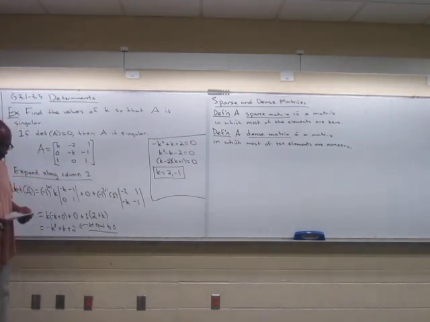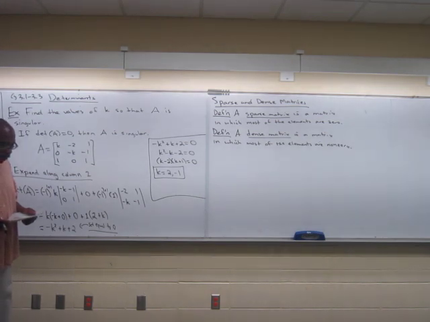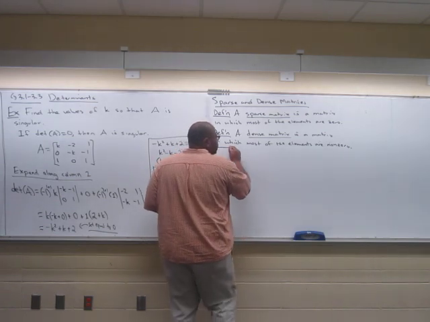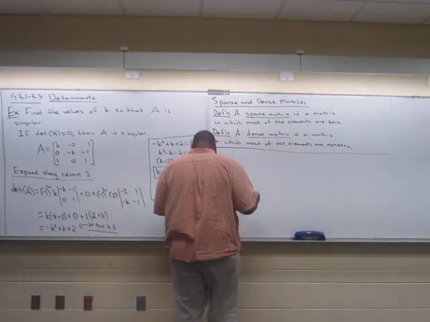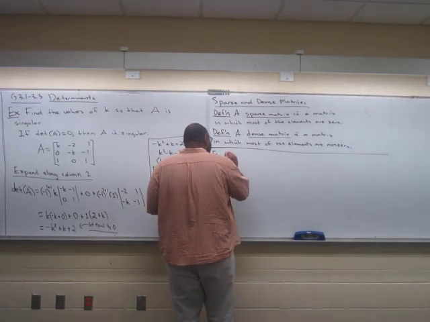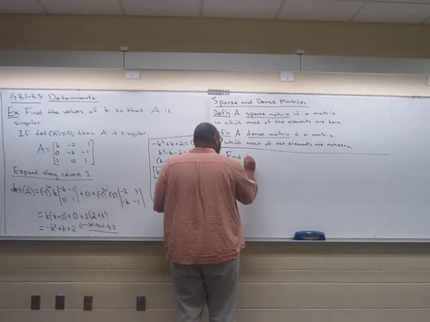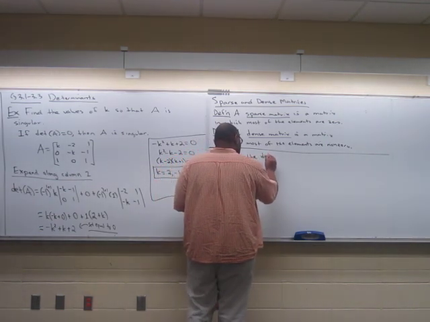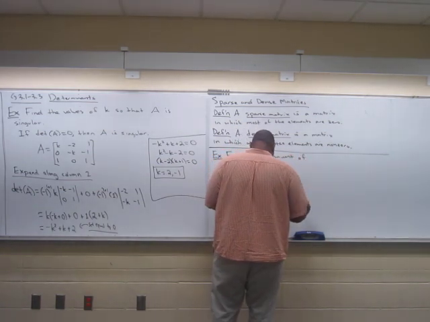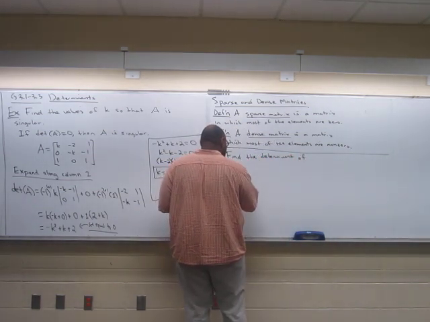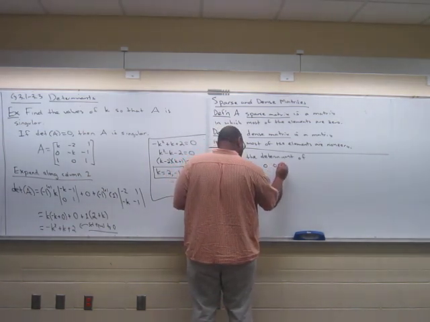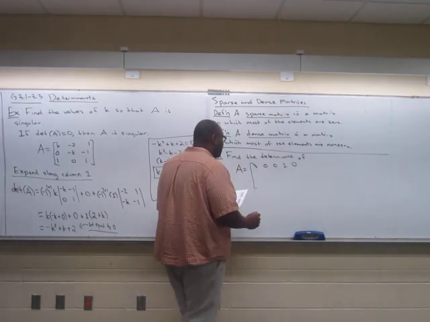Let's look at an example of finding the determinant of a sparse matrix. Here it is. Find the determinant of A equal to 3, 0, 0, 1, 0. Oh my goodness, it's going to be a 5 by 5.